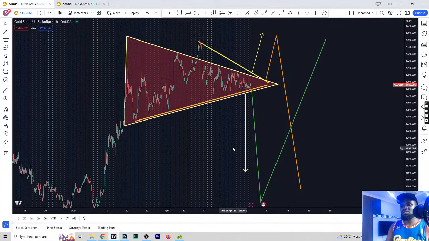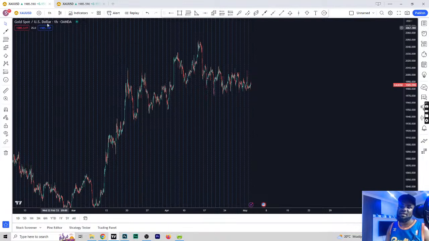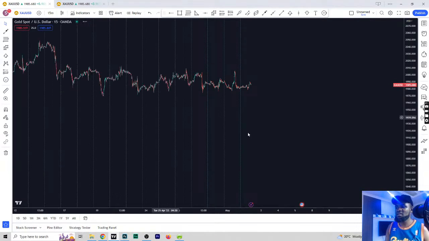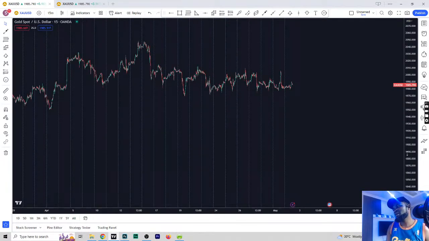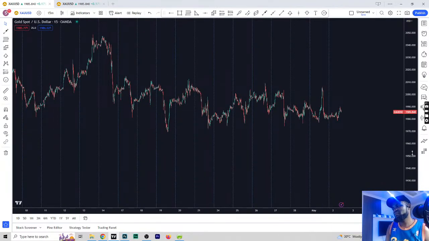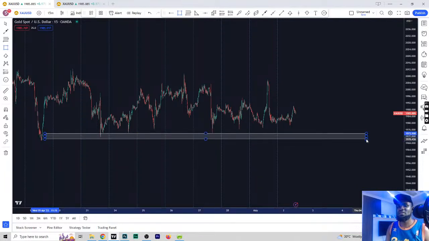So how do you see it? If you don't see it clearly, I can clear everything and then go to 15 minutes. After going to 15 minutes, you can have a very nice, clear view of the market, and then you can decide where the market can go.